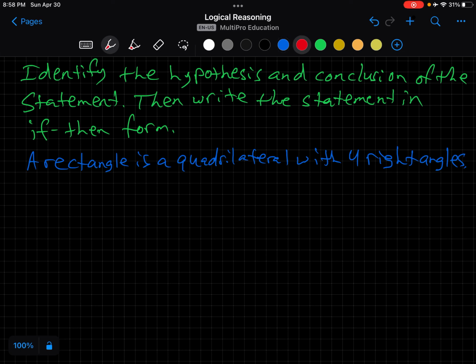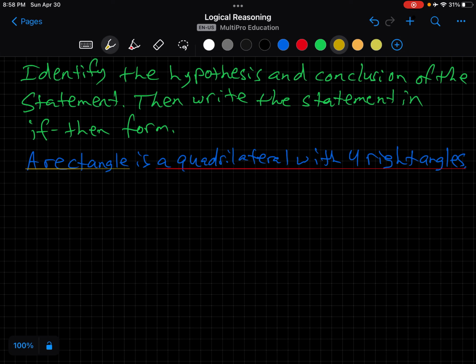All right, so let's identify the conclusion, or hypothesis, sorry. The hypothesis is a quadrilateral with 4 right angles. If that is true, then the conclusion is that it's a rectangle.